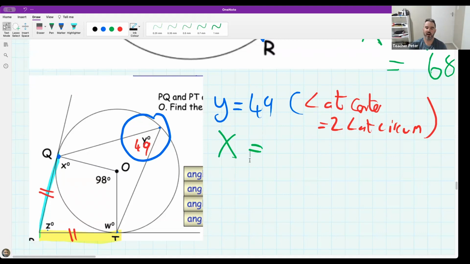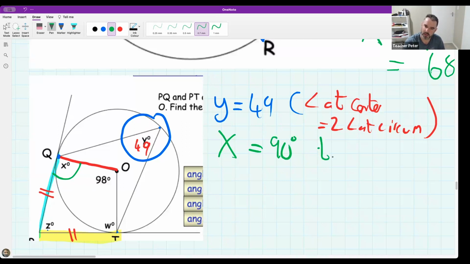Okay. I think that this is a tangent and this is a radius. So what do we know about the angle X? It's 90.